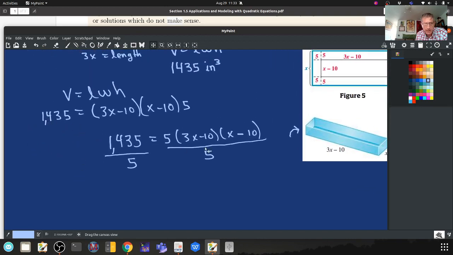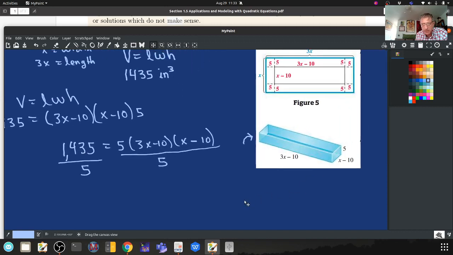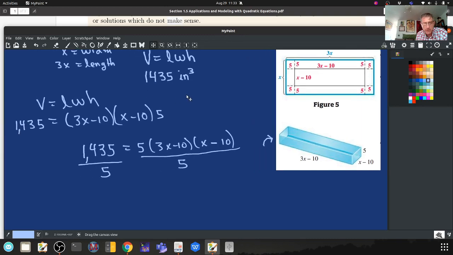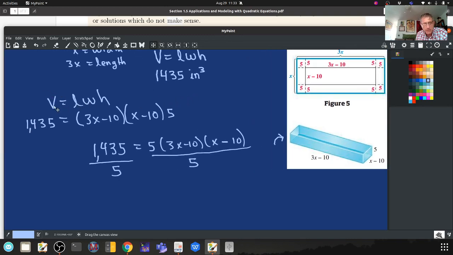Once we were given this picture, 3x minus 10, x minus 10, and 5, and we know that our volume is 1,435 cubic inches, then we just use this formula, V is equal to L times W times H, to come up with this. So now all I'm doing is the algebra required to simplify and get a solution.